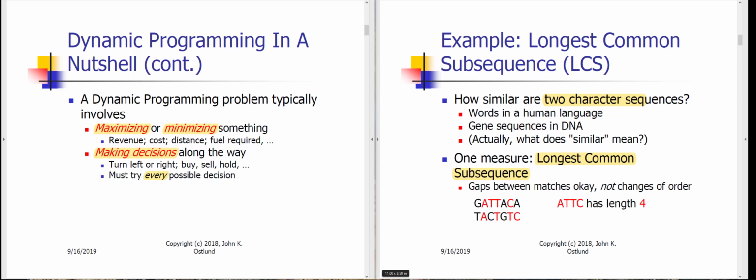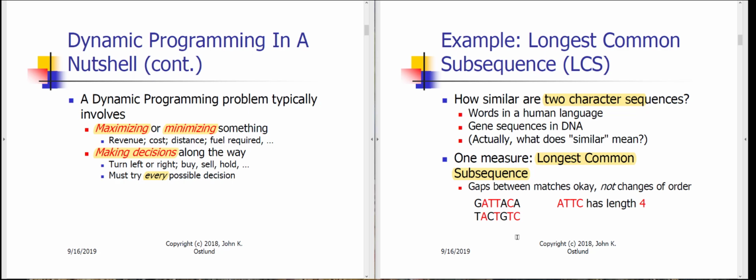So the measure we're going to look at here is what's called the longest common subsequence, which is simply the maximum number of symbols that we can find in common between two sequences in which those symbols occur in the same order. All right, so here we have two sequences of 7 symbols, GATTACA and TACTGTC.